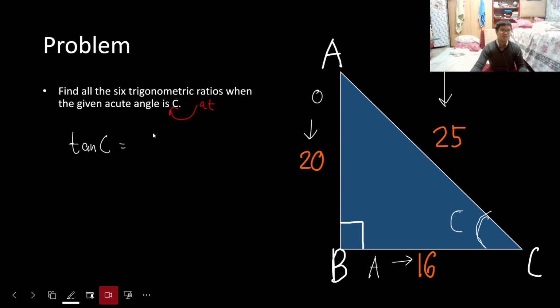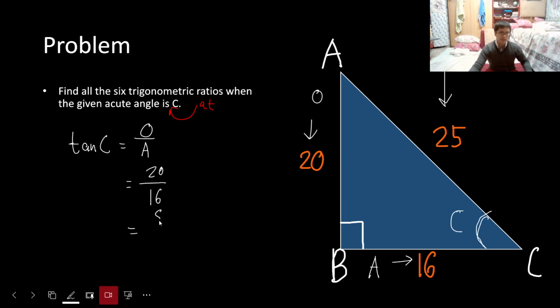Its equivalent ratio is opposite to adjacent, or opposite all over adjacent. Your opposite here is 20 units long, and your adjacent here is 16. 20 and 16, both of them are divisible by 4.